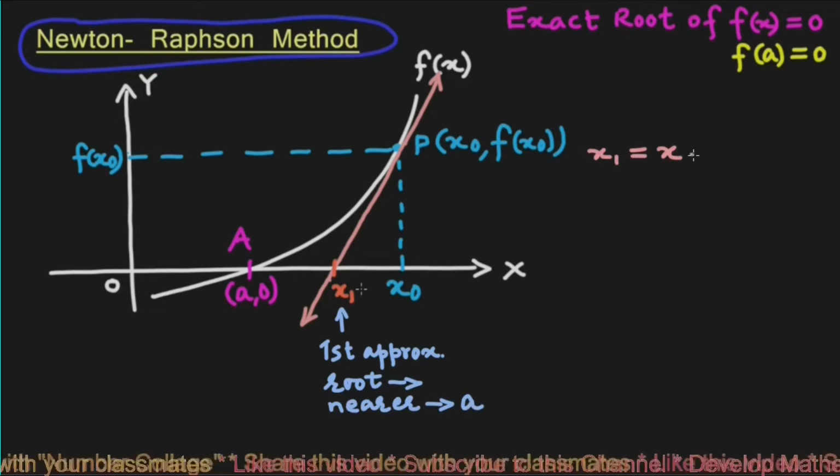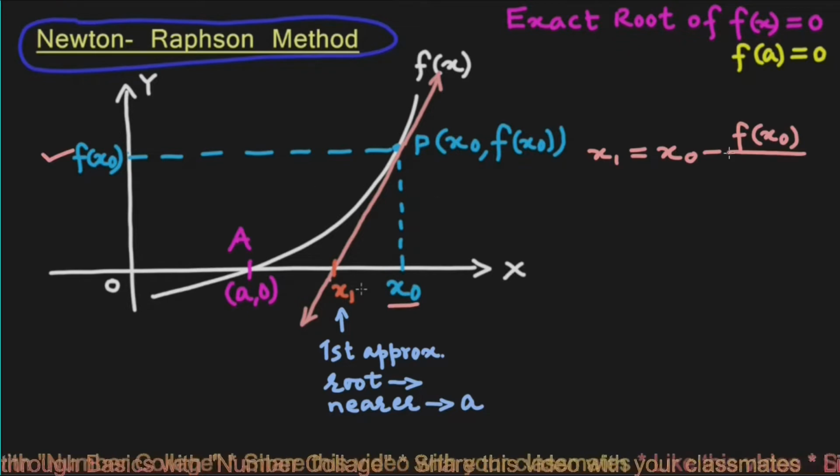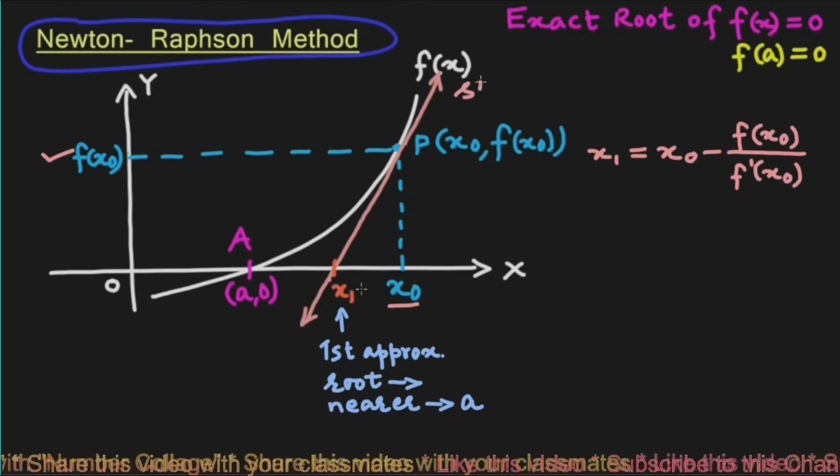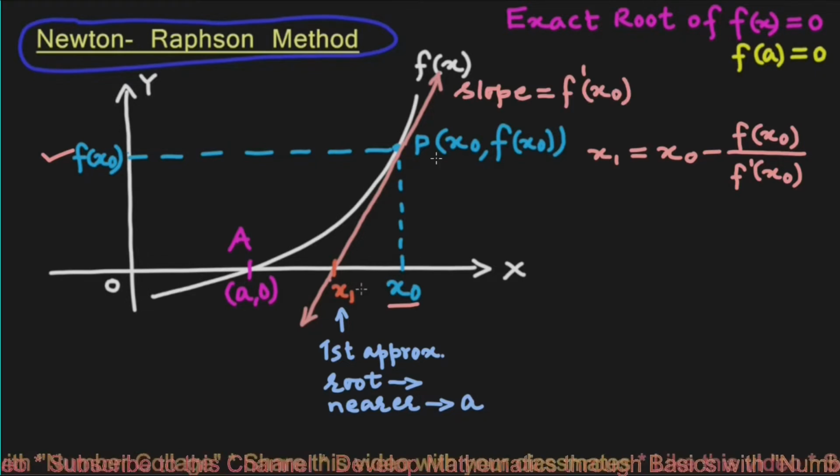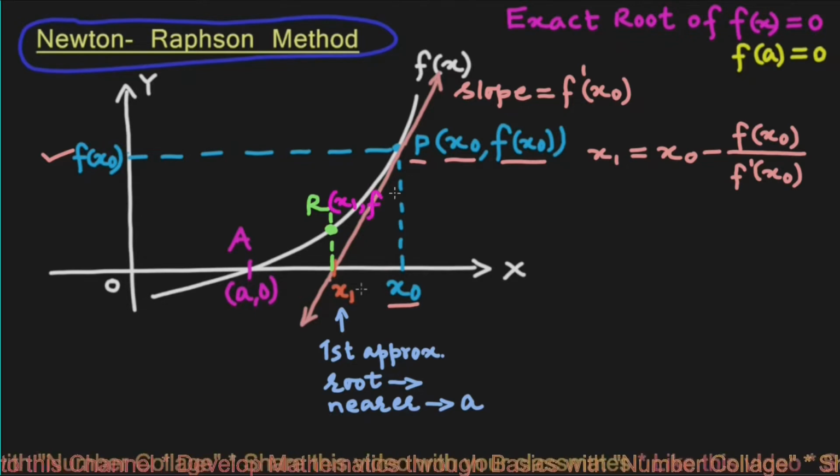Which we write as x1 equals the initial root x0, which is this, minus f of x0, which is this, upon f dash x0, which is the slope of the tangent to the curve at point P (x0, f x0). Next, we will draw a vertical line through x1 which cuts the curve f(x) at point R, whose coordinates will be (x1, f of x1).